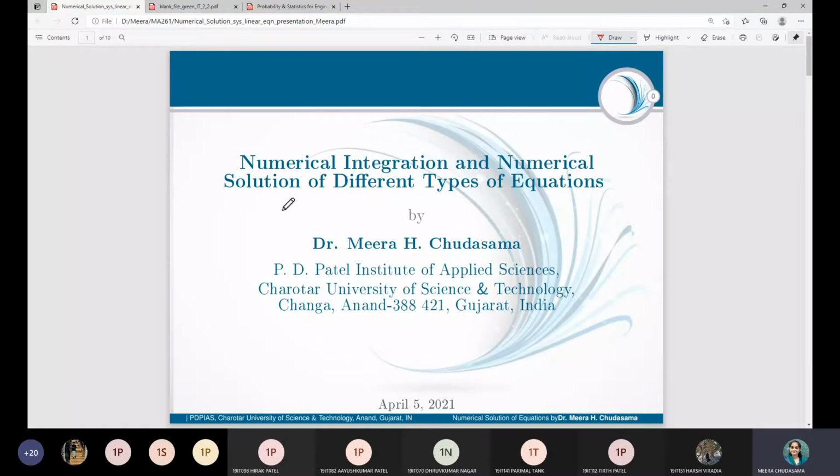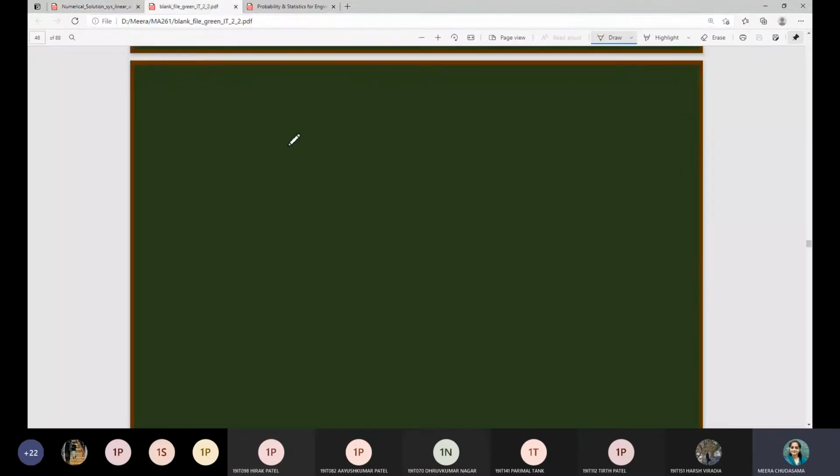There is a slight difference between these two methods in how we consider the iteration. In the Gauss-Jacobi method, we represent x, y, z in terms of the other variables, meaning x is represented in terms of y and z, y is represented in terms of x and z, and z is represented in terms of x and y.